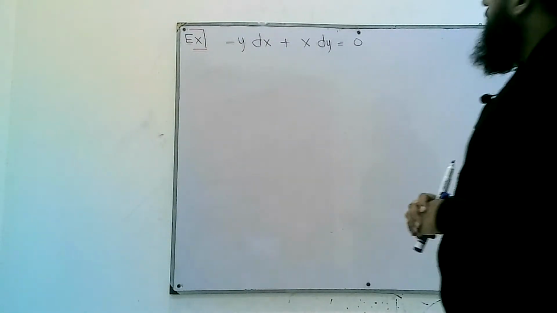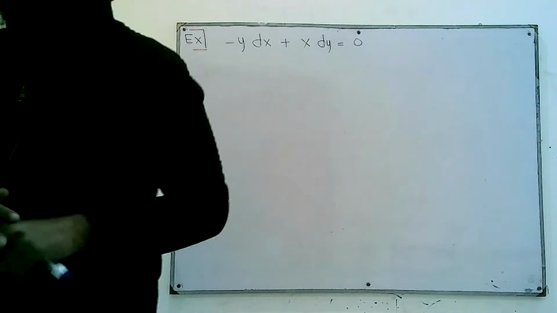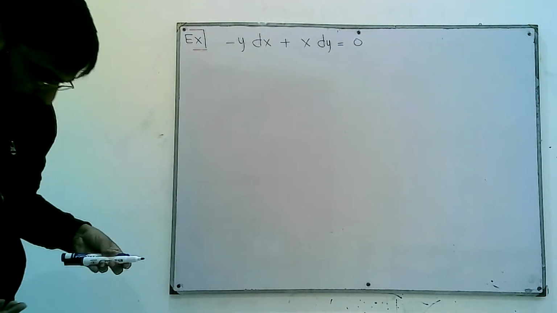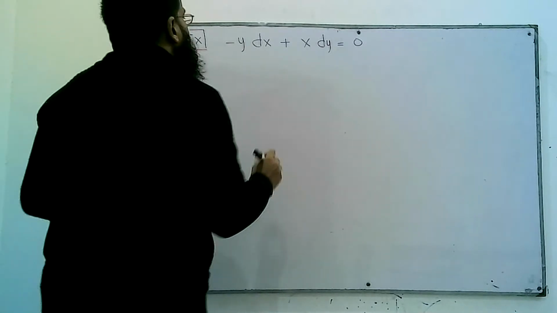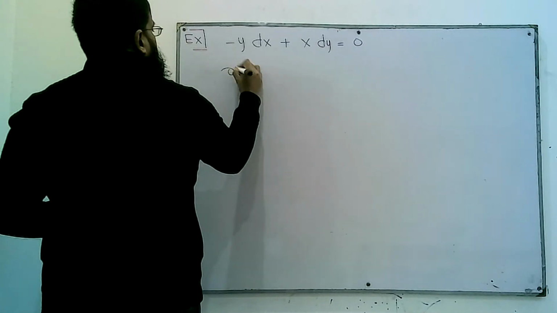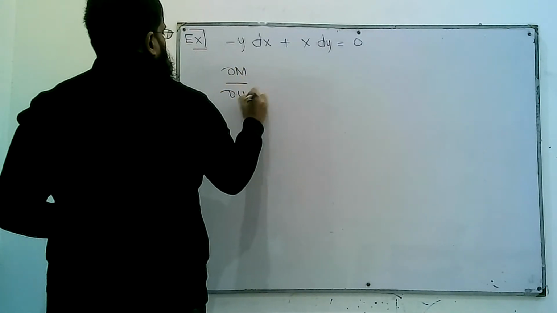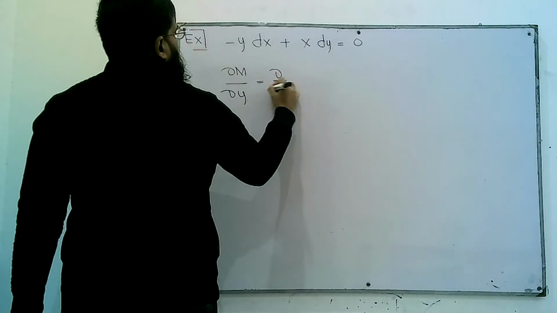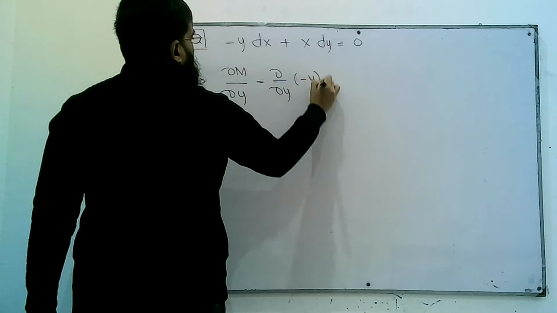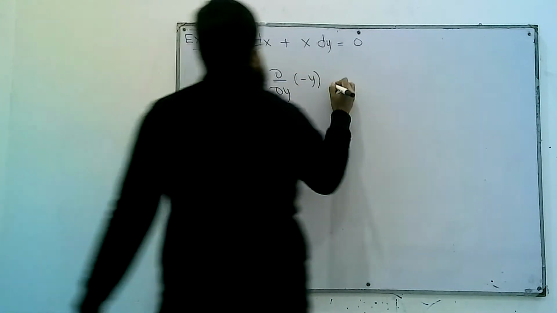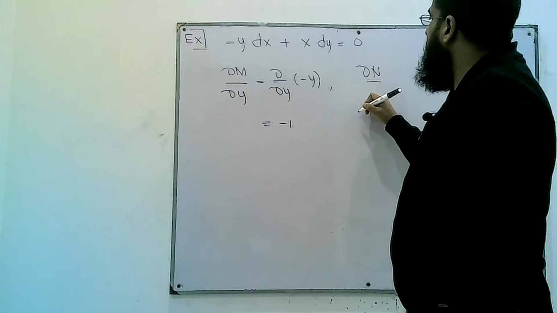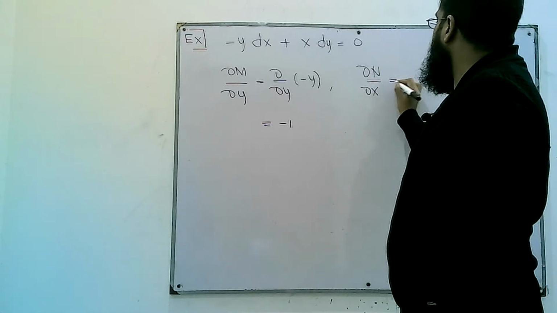So let's first check whether this given ODE is an exact type of ODE or not. What we have to do is apply the check: partial M over partial y. This is partial over partial y of minus y, which is minus 1, and the right hand side should be partial N over partial x.